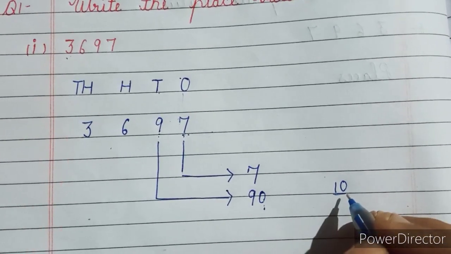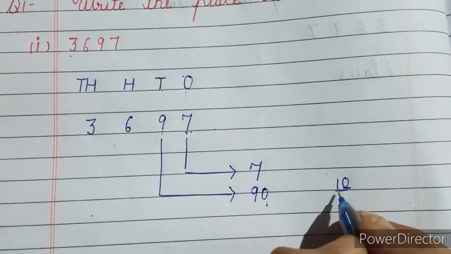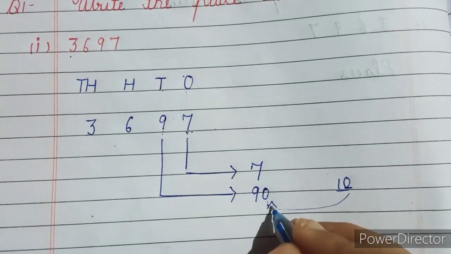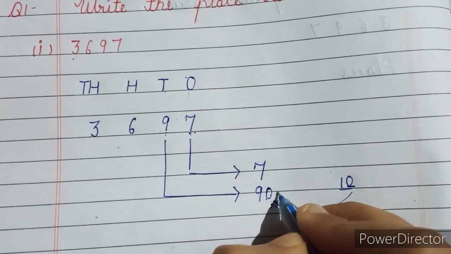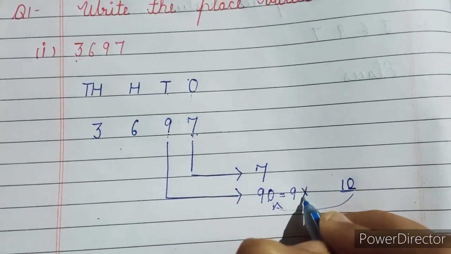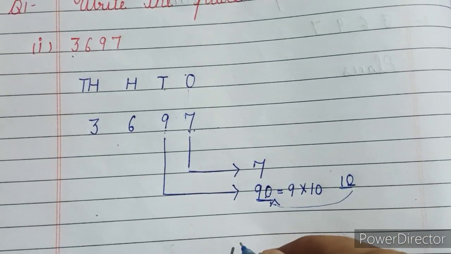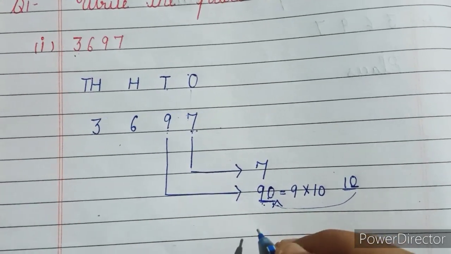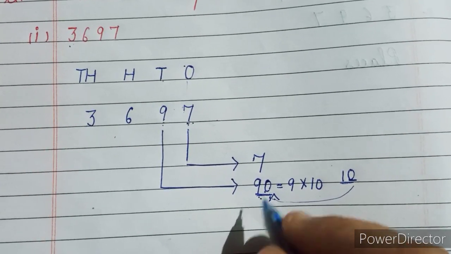How many zeros are there in 10? 1. We will put 10 here. You can see 9 multiplied by 10 is equal to 90. So, the place value of 9 is 90. Is that clear, children? Okay.